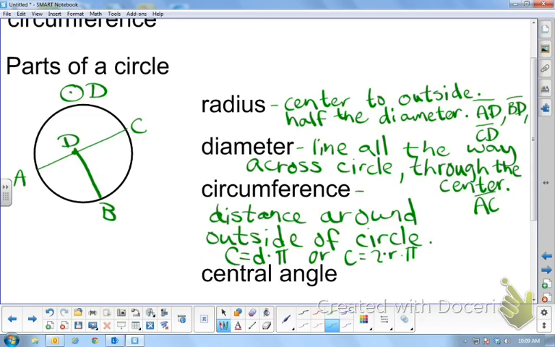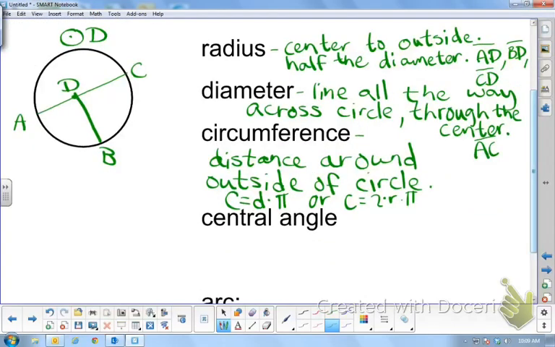So those first 3 definitions are definitions you should have seen before with circles. The next definitions should be newer. Our first new definition is central angle. What do you think I mean by central angle? Central means center. Angle is 2 lines that meet.